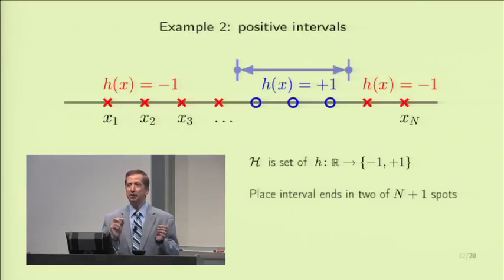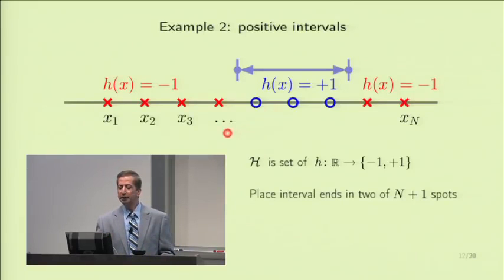The way you get a different dichotomy is by choosing two different line segments to put the ends of the interval in. If I start the interval here and end it here, I get something. If I start the interval here and end it here, I get something else. If I start here and end here, I get something else.